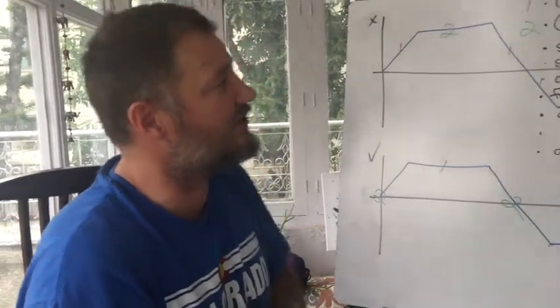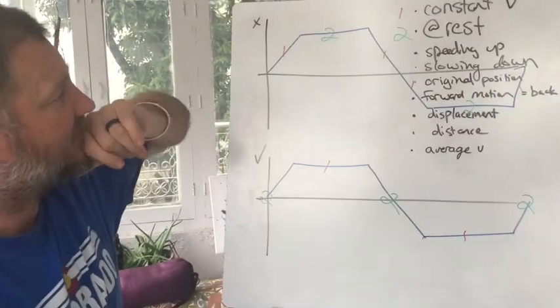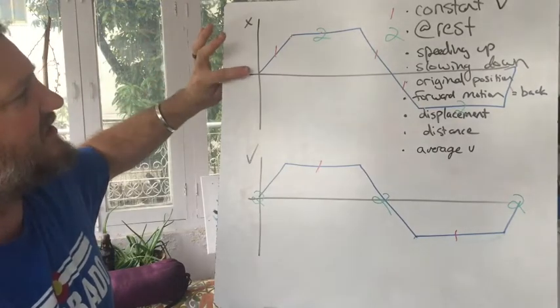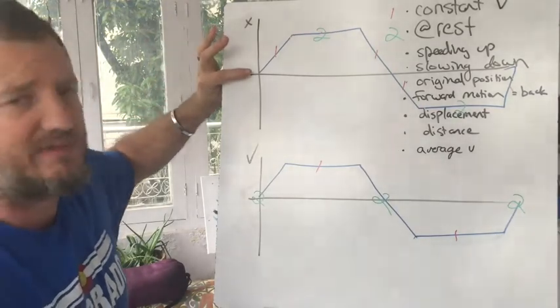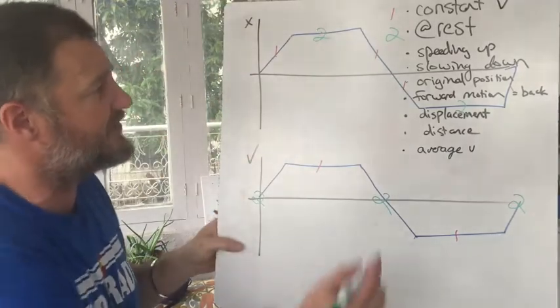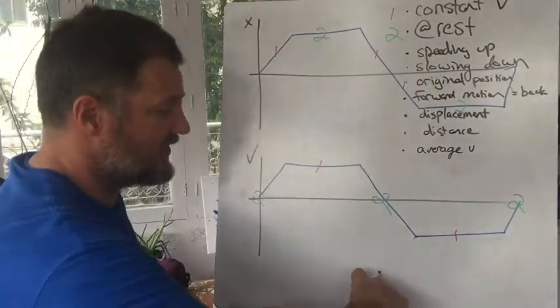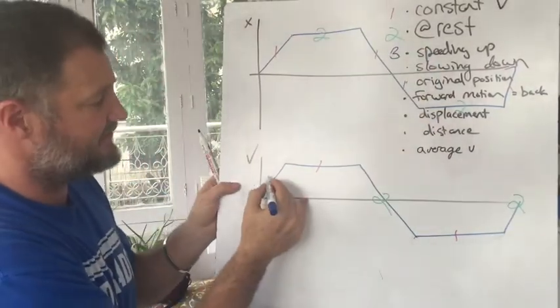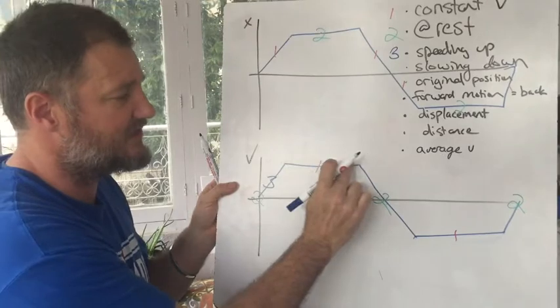Next scenario here, when an object is speeding up, that's hard to see on this. This doesn't represent a change in speed. These are sort of instantaneous changes. But you can see where an object's speeding up here. If we call this one number 3, an object is speeding up here and remains at constant velocity.